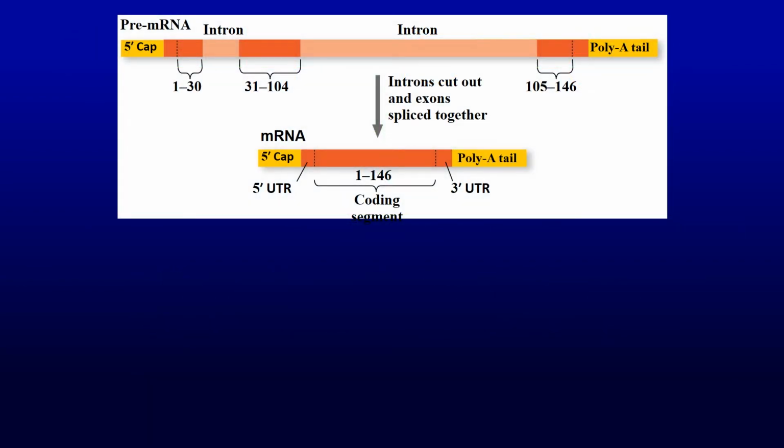Alright, and here's the diagram from your books showing essentially the same thing. Here's our 5' cap. Here's our exon, which in this case is from 1 to 30 base pairs long. There's our intron, we're going to get rid of it. There's our other exon. There's our other intron, we're going to get rid of it. There's our other exon, and there's our poly A tail.